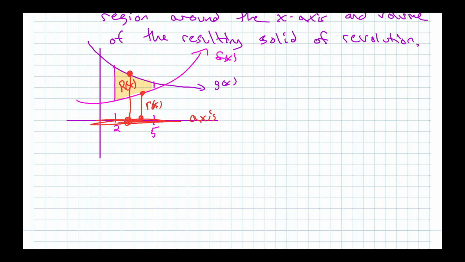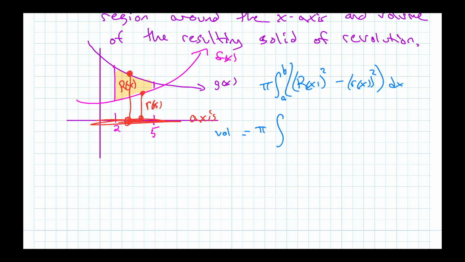So your integral is going to be the integral from a to b. Put the pi on the outside. We've got big R squared minus little r squared dx. So for us, our volume, a and b are 2 and 5. We can see that.